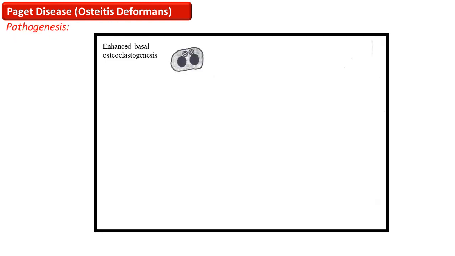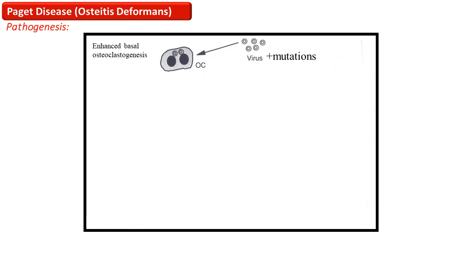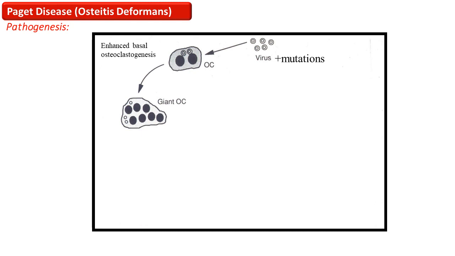So Paget disease is a disease due to abnormal osteoclasts, and as we know, the osteoclasts in the current theory of Paget disease are affected by viral inclusions or by genetic mutation. So when an osteoclast is mutated or has incorporated virus in it, it is transformed into a giant osteoclast, which has a different morphology.